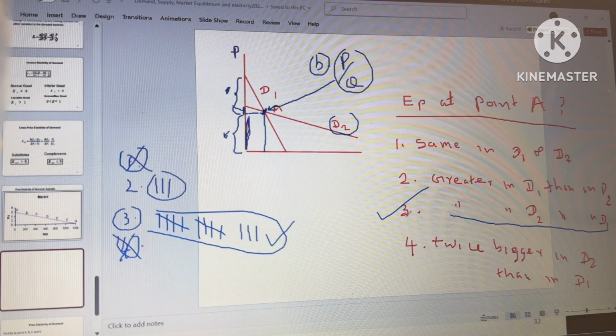Therefore, answer 3 is again okay. I appreciate you thought about it in a different way. You tried to match the answer with the formula. That's correct. Good.